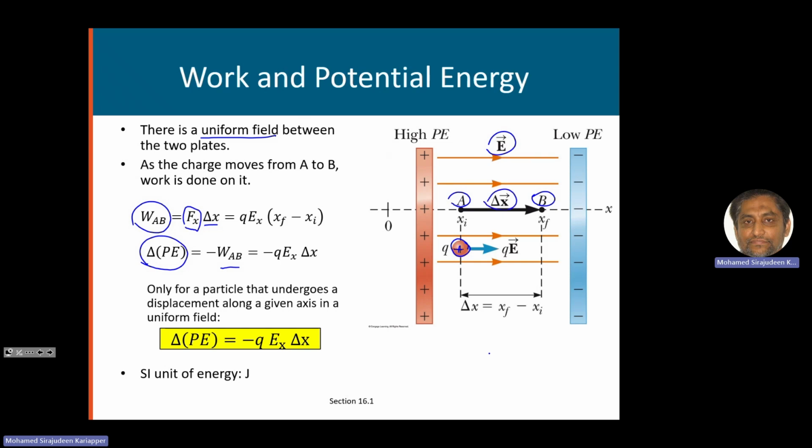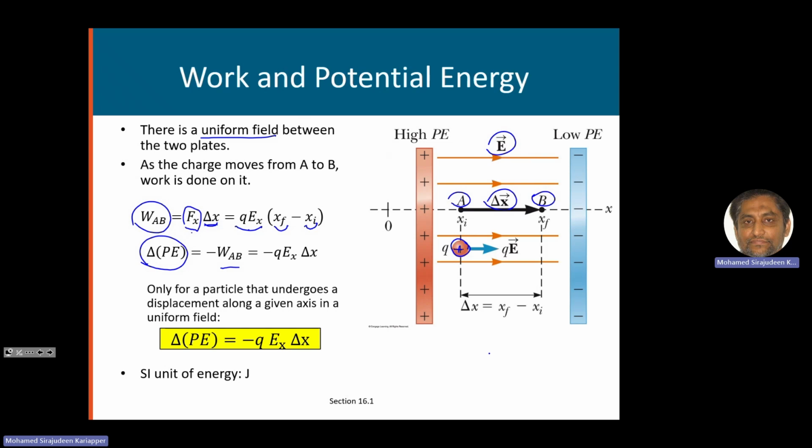The work done will be the force multiplied by the displacement. If the electric field is E, the electric force will be Q, the charge, multiplied by the electric field. So I substitute for the force by QE. The displacement will be the final position of the charge minus the initial position of the charge. So we get this expression for the work done.